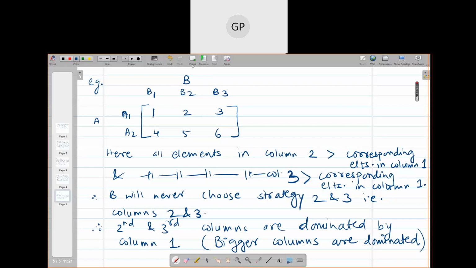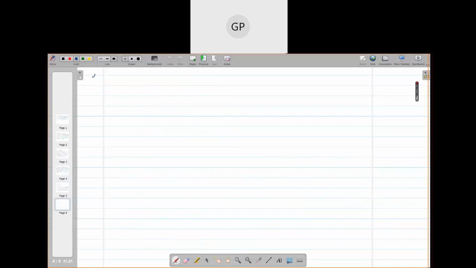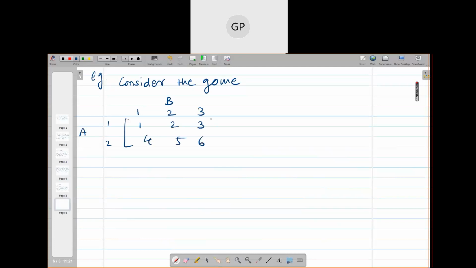Have you finished writing this? Yes, ma'am. So for example, consider the game: 1, 2, 3, 4, 5, 6. I am considering the same game. Now what is row minima? 1, 4. Column maxima: 4, 5, 6.